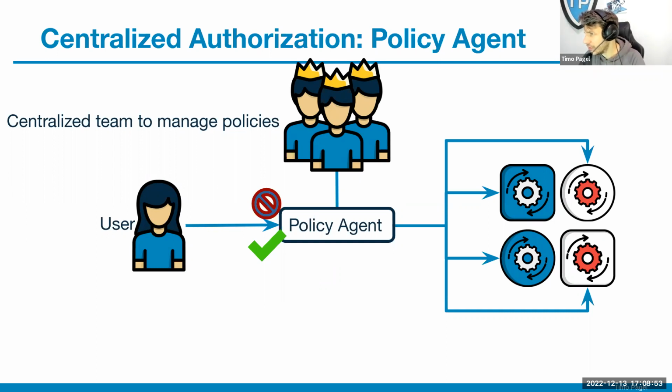That also means you have a lot of people managing the policies for all the services behind, but these people might not have the knowledge to actually do so, or it will result in a delay because they actually ask the people who developed the service, is this a good policy, or the people who develop a service need to request, please do this or this, because authorization always depends on the context of the application.